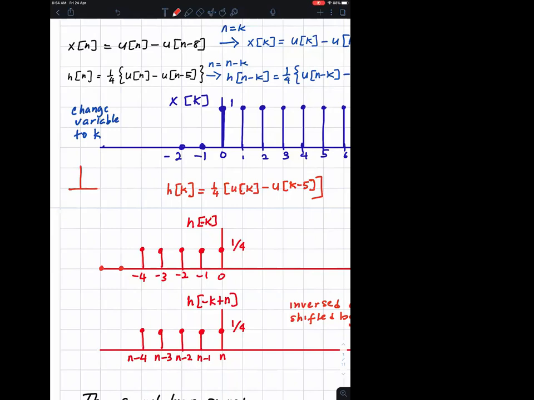Okay, what Jintek is saying is u of k is like this from 0, 1, 2, 3, and going up to infinity, right? Then u of k minus 5 is going to be 0 up to 4, starting from 5.